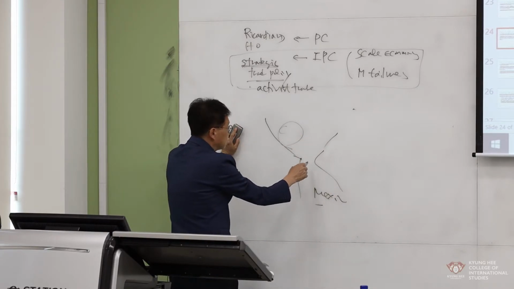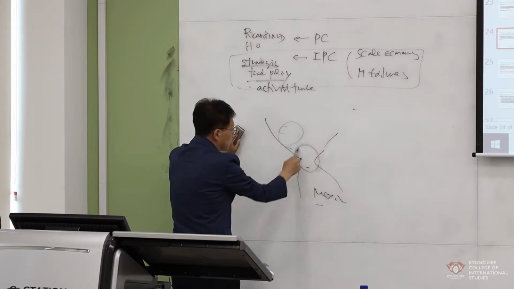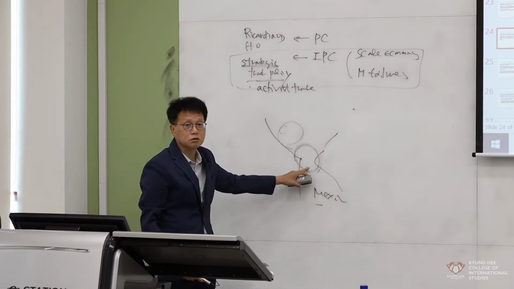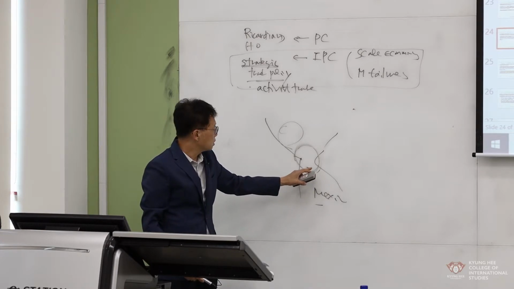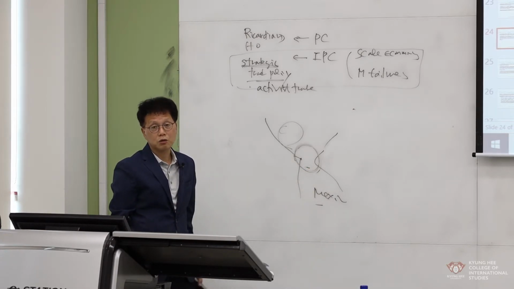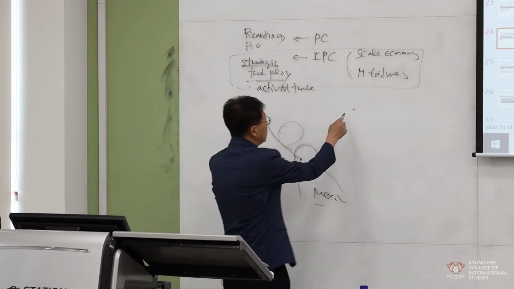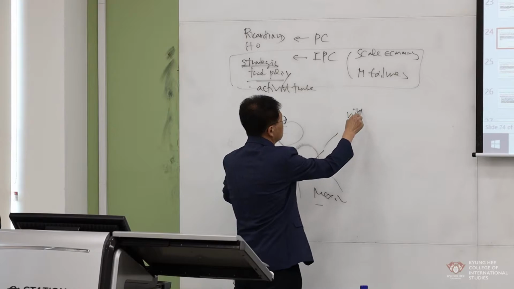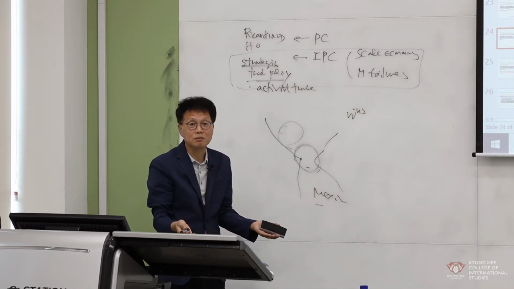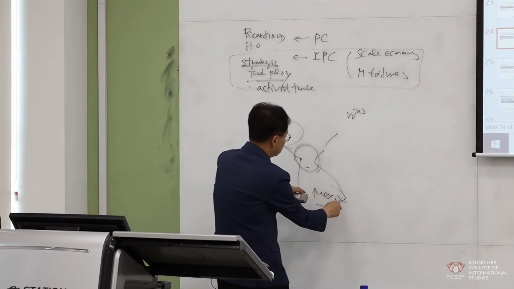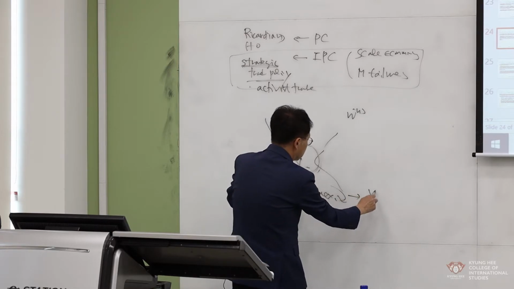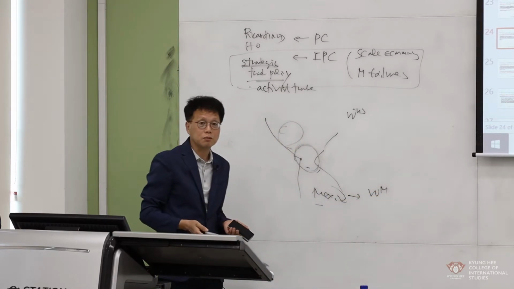In the border area between two countries, maquiladoras are located. Usually we know that the wage rate in the United States is very high, and the wage rate for Mexican workers is very low.